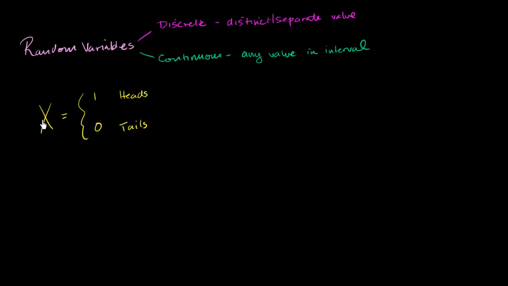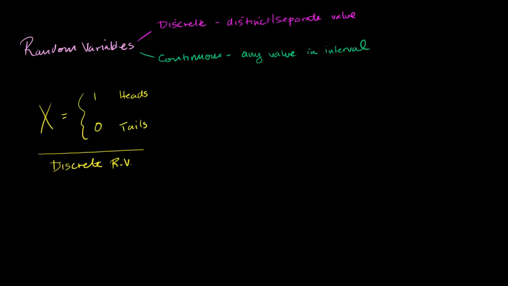Well, this random variable right over here can take on distinct values. It can take on either a 1 or a 0. Another way to think about it is you can count the number of different values it can take on. This is the first value it can take on. This is the second value that it can take on. So this is clearly a discrete random variable.